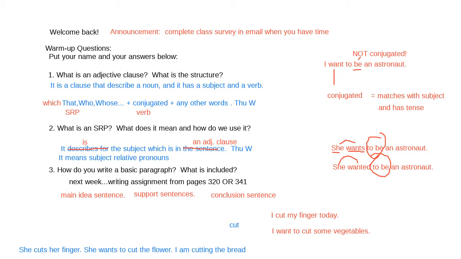So this is the second topic. You can choose this one if you want to. It says write a paragraph about someone you know and something interesting or unusual about his or her life. So this one is a little bit easier.